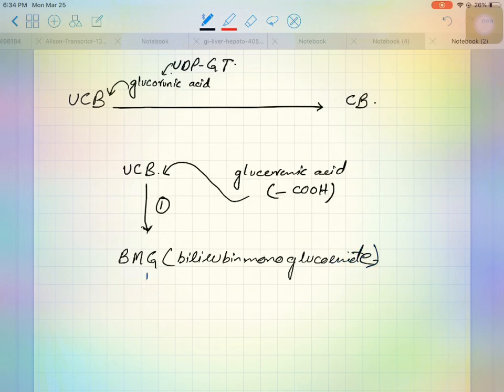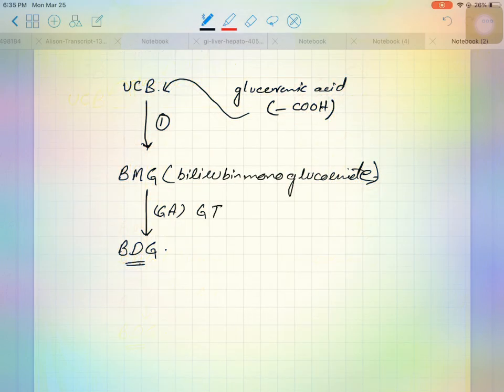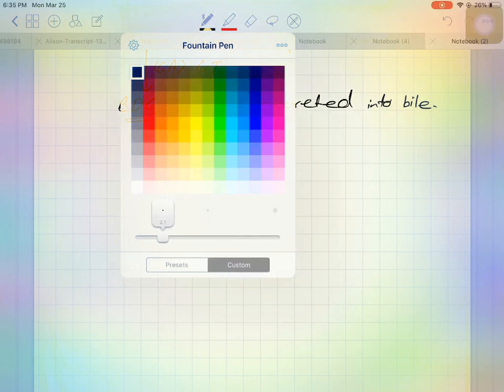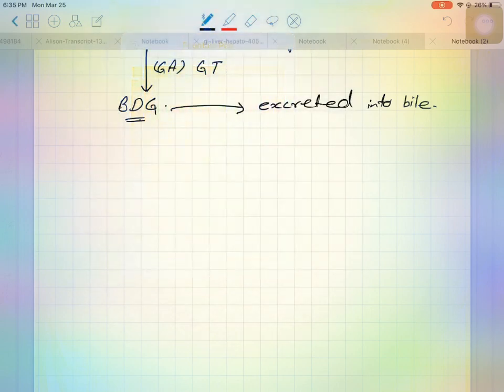After the addition of another glucuronic acid by the enzyme glucuronide transferase, it converts into bilirubin diglucuronate, and then these are excreted into the bile.